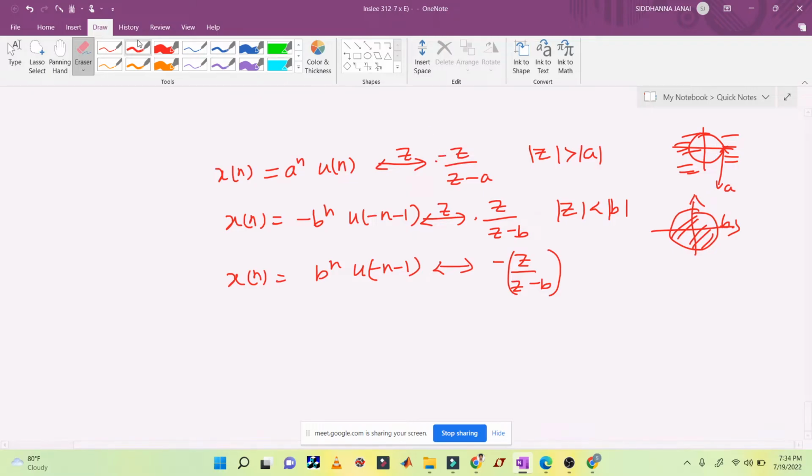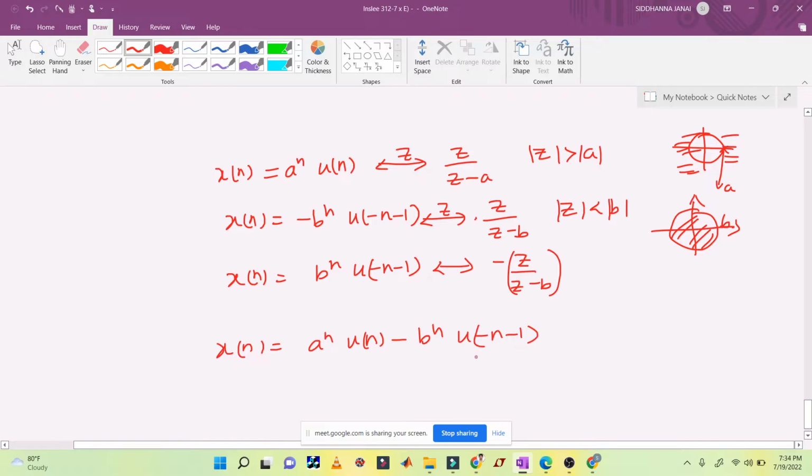Now it is interesting to note that a two-sided sequence will have, when I say two-sided sequence, both a positive side as well as a negative side. So given x of n is equal to a power n u of n minus b power n u of minus n minus 1.